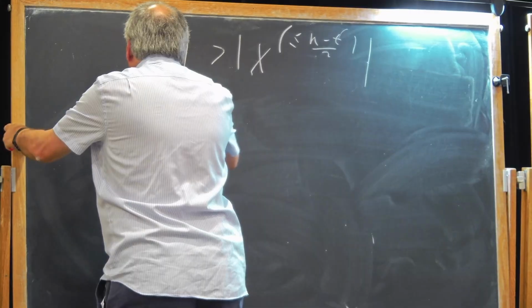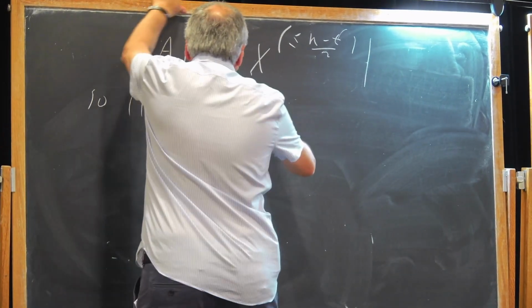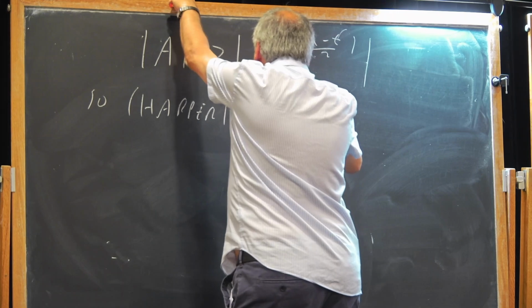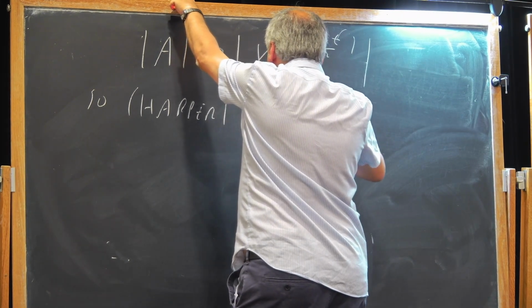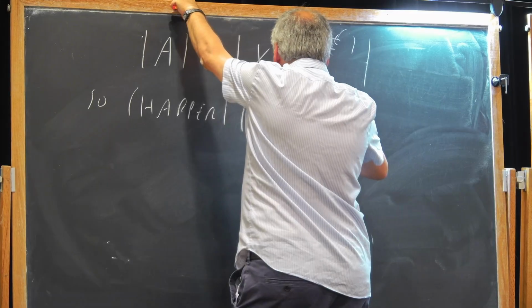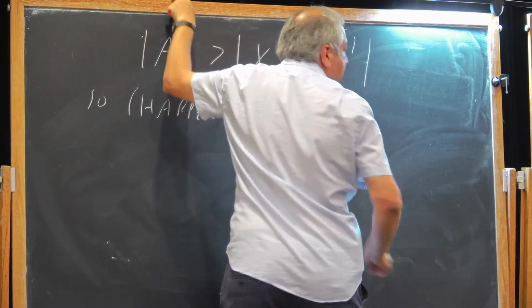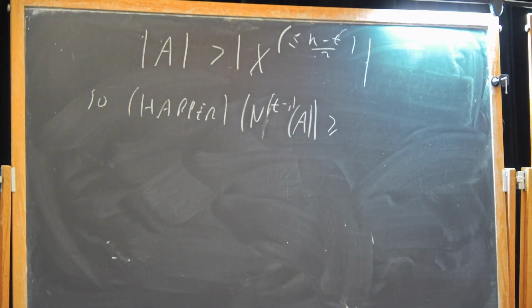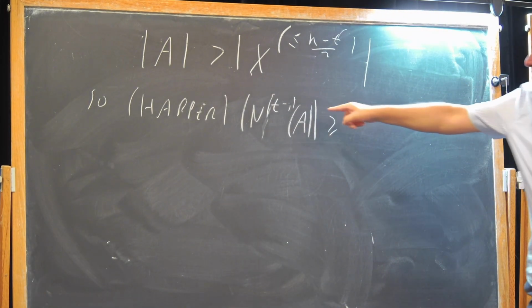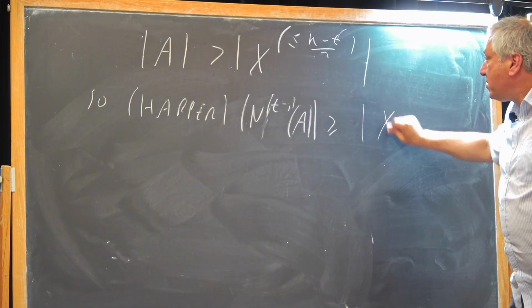So, by Harper, the size of the neighbourhood iterated t minus 1 times is at least as big as the neighbourhood of the ball of the same size.